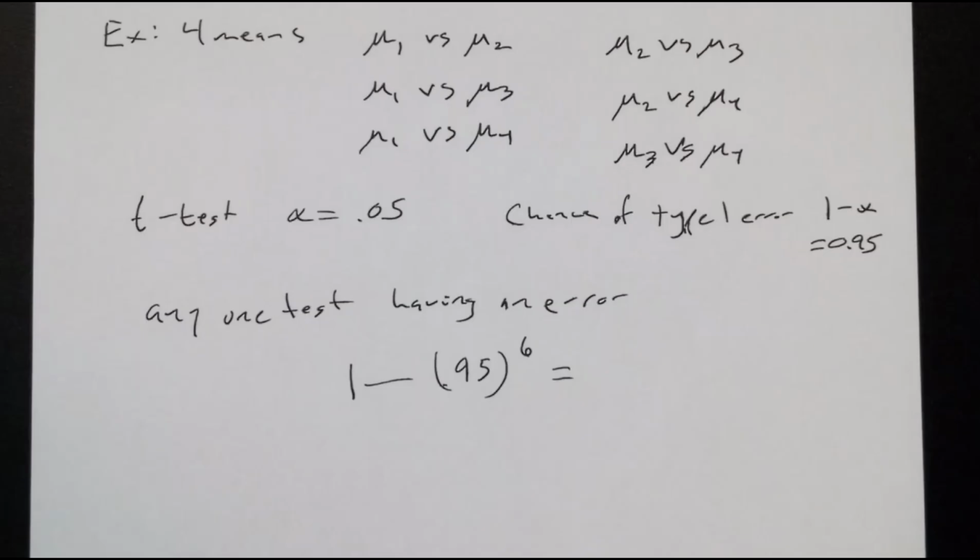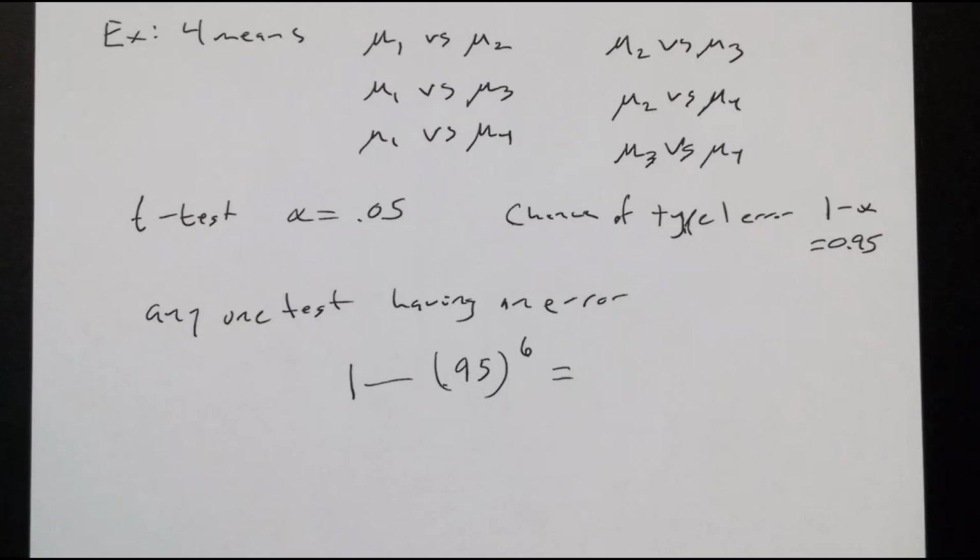This is a problem. If I do individual t-tests, the chance of at least one mistake happening gets bigger and bigger fast. If I go to 5 means, it becomes 0.4. There's a 40% chance I'll make a mistake. 6 means, it becomes 53%.